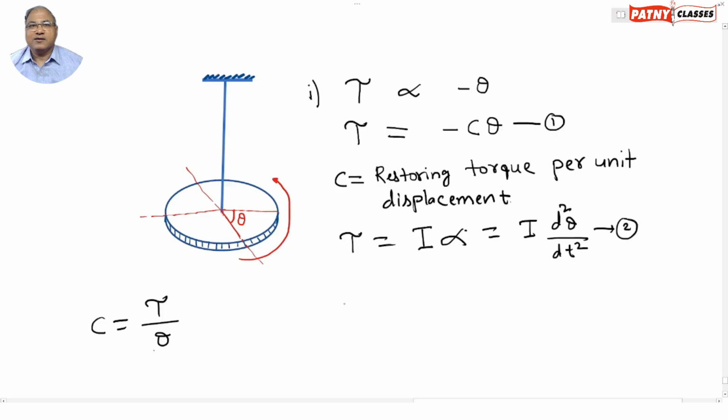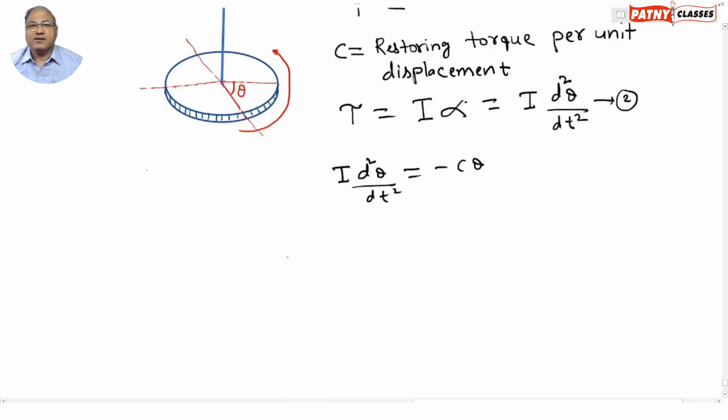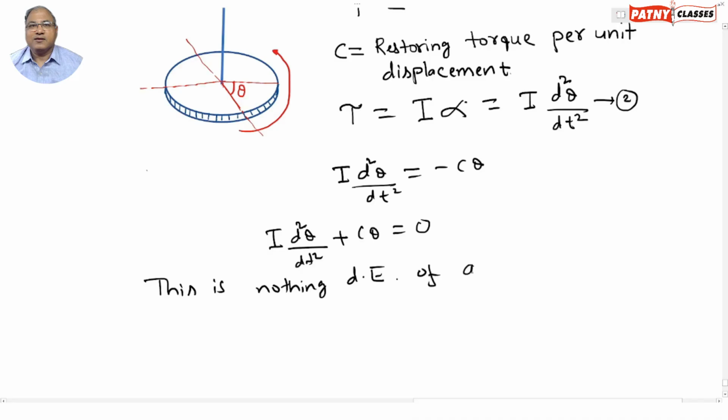Now from 1 and 2, we have I d2 theta by dt square equals minus C theta. This can be written as I d2 theta by dt square plus C theta equals 0. This is nothing but the differential equation of angular S.H.M.